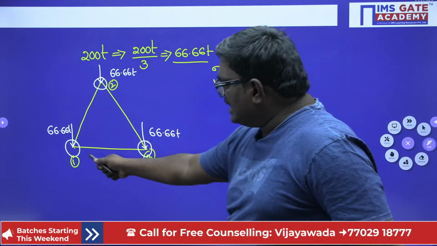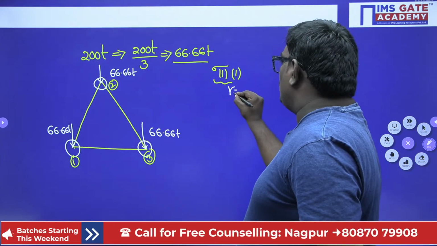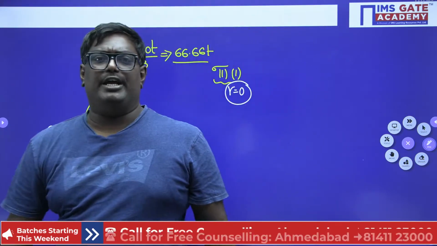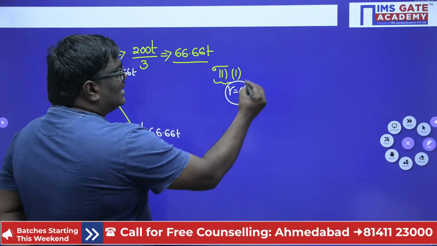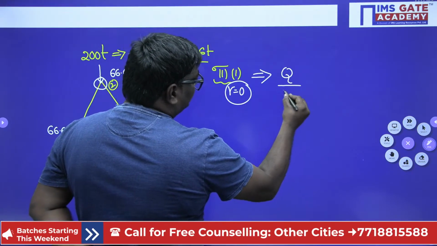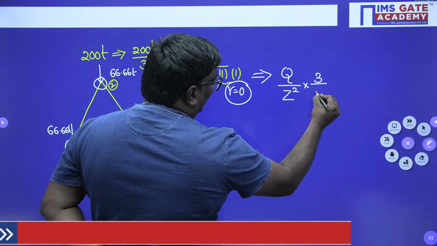In this case, the load is acting at the center, so R will be equal to 0. When R is equal to 0, the stress is calculated using Q by Z square into 3 by 2 pi.